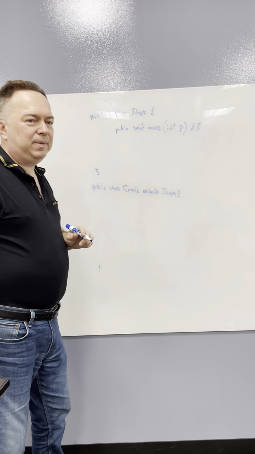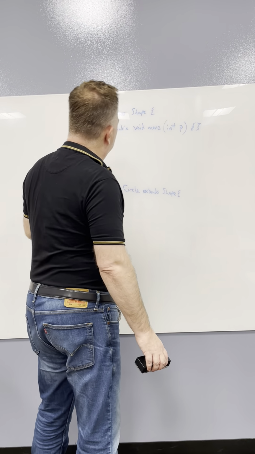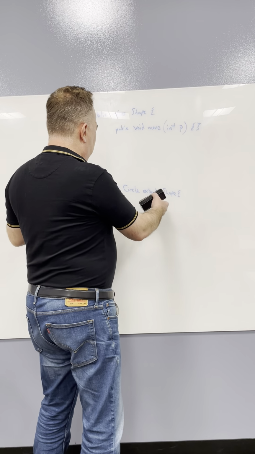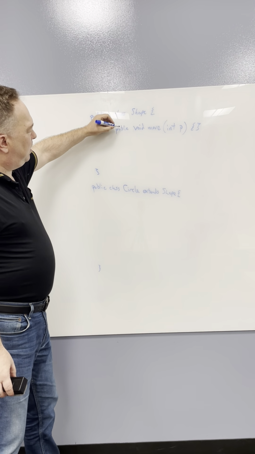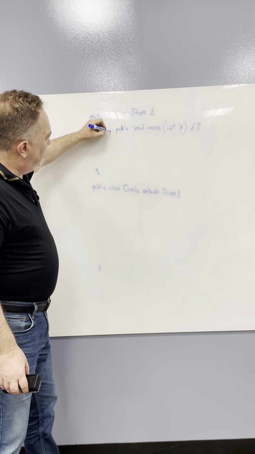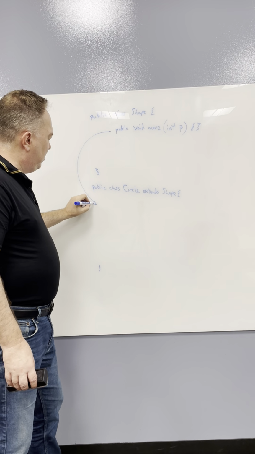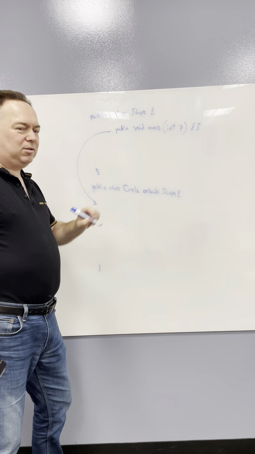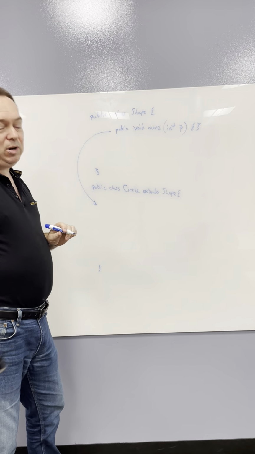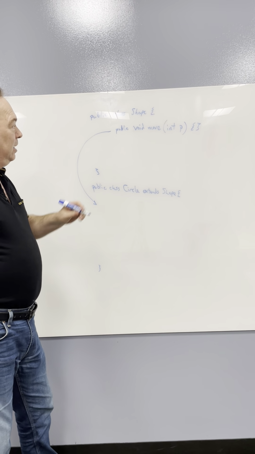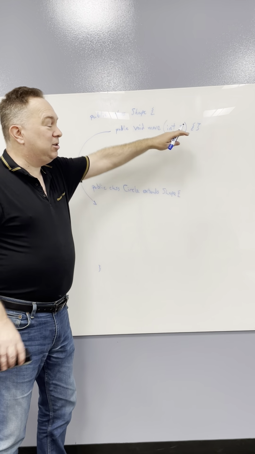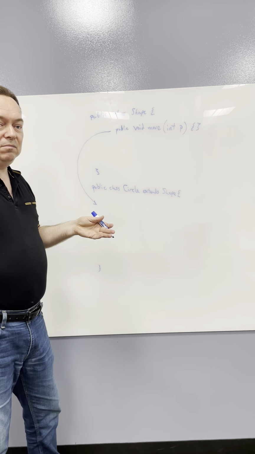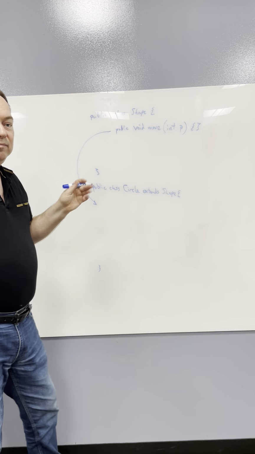Remember that one? In the Circle class, because this says public here, this method is automatically inherited by the subclass Circle. It's there already. You don't have to put it in there again. It's already defined up here. It's already got actions.